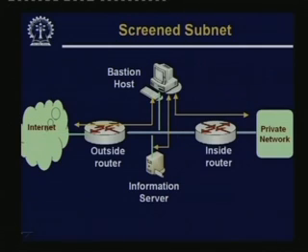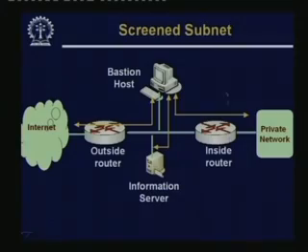As you can see, the Bastion host, as usual, holds the responsibility of communicating with the outside world, with the private network and with the information server, and the inside router can be configured to accept packets only from the Bastion host. So it is almost impossible for an external intruder to break into the internal router, because the external intruder can never reach the internal router directly. Even if the external router is compromised, the internal router cannot be reached, because the internal router will ignore all packets coming from any place other than the Bastion host.